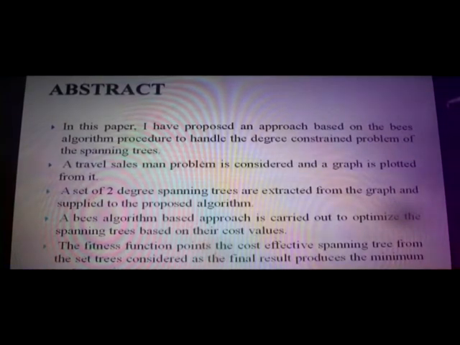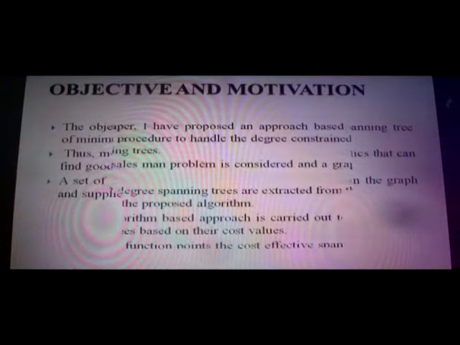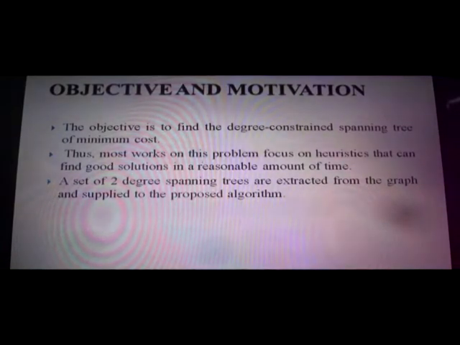The fitness function points out the cost effective spanning tree from the set of trees, and it is considered as the final result. The main objective is to handle the cost and time for optimizing the degree constraint spanning tree. Thus, most work on this problem focuses on heuristics that can find good solutions in a reasonable amount of time.